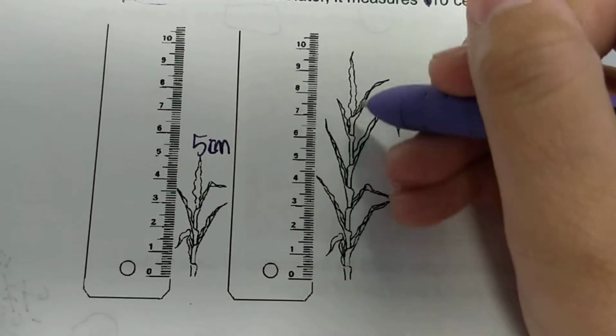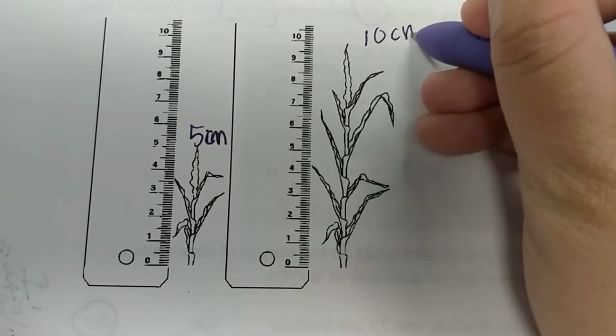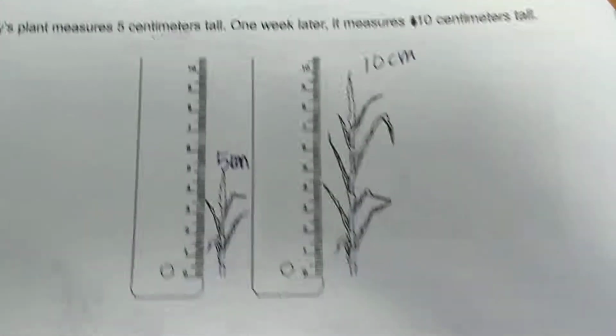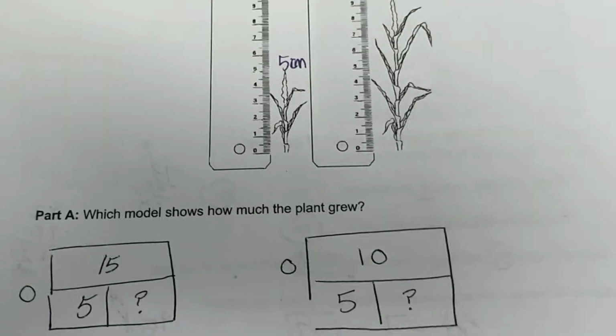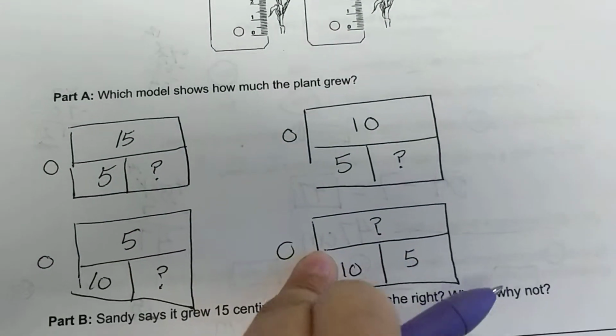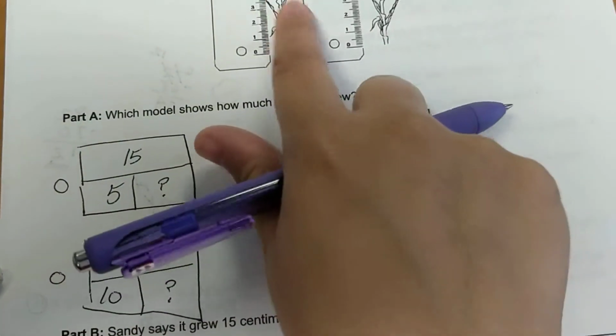You can look at this plant. This plant grew 10 centimeters. I need to look at the model which would help me solve this problem. This is a part whole, so you're just picking one of the answers. So go ahead, pause the video again, and figure out which of these 4 would be the correct way to solve this.